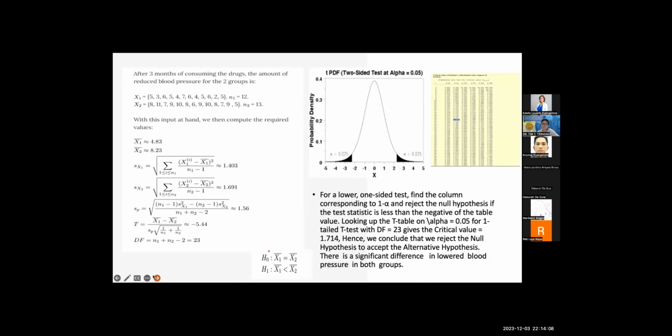After getting that, the next step is to get the table of difference at the 0.05 level, 4.83 for the first group and 8.23 for the second group. Then we apply the formulas, which were given by the Doc's team.